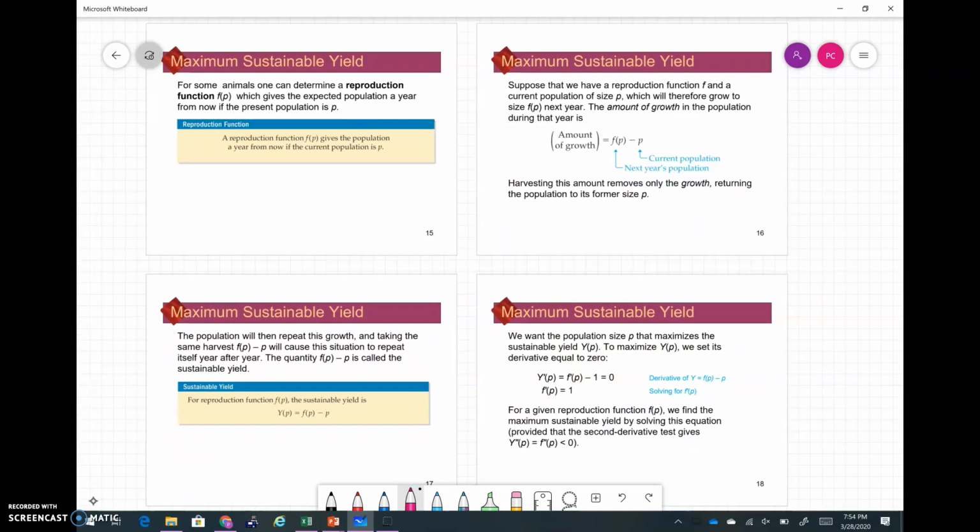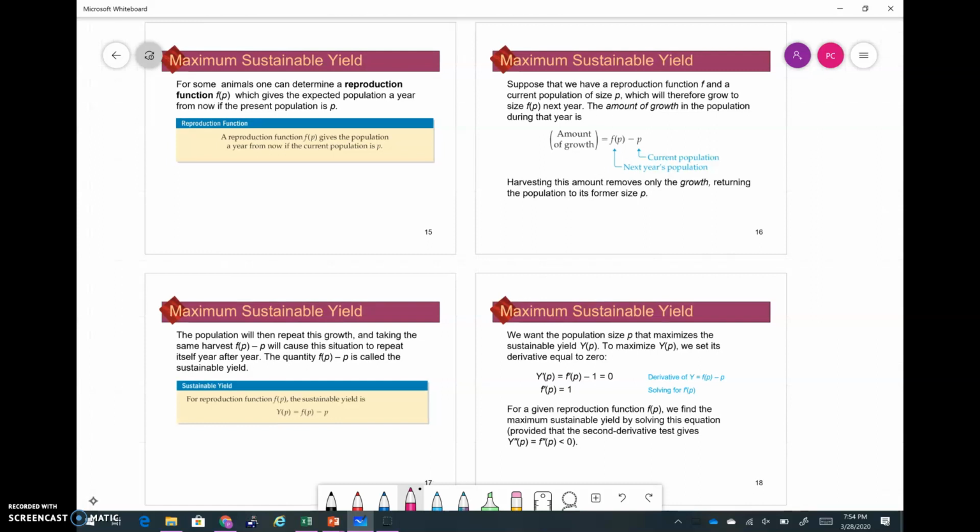All right, so for some animals, one can determine a reproduction function, f of p, which gives the expected population a year from now if the present population is p. Suppose that we have that reproduction function f and a current population of size p.